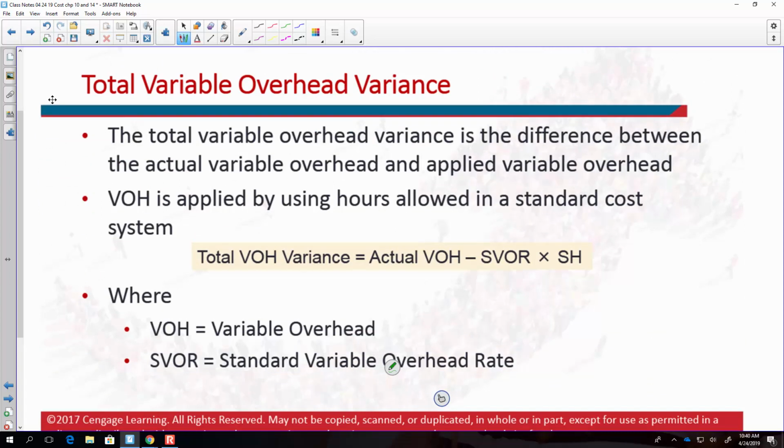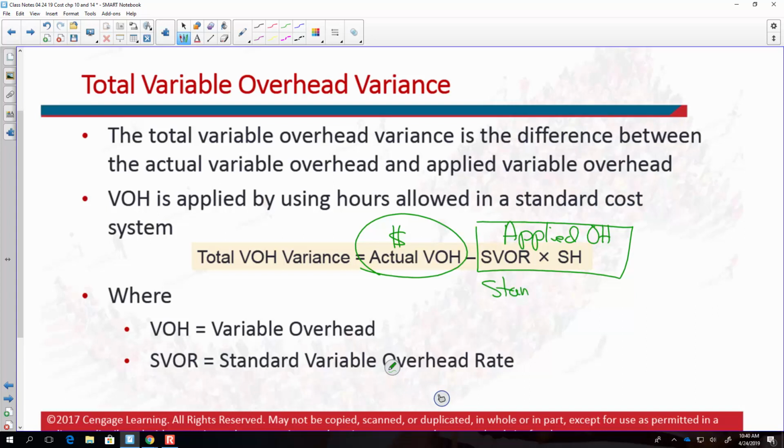On page 543, we're looking at total variable variance. Here we can see, again, the actual dollars compared to the applied overhead. And here again, the author will use these letters, SVOR.